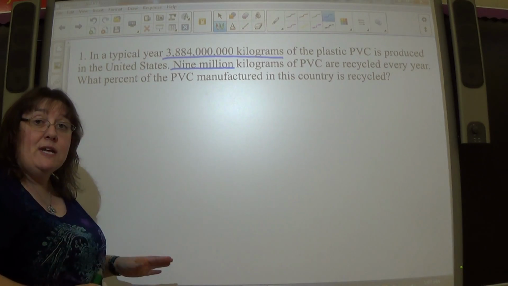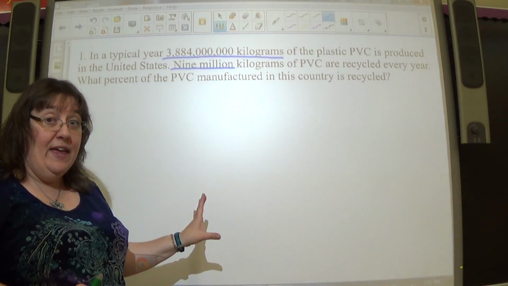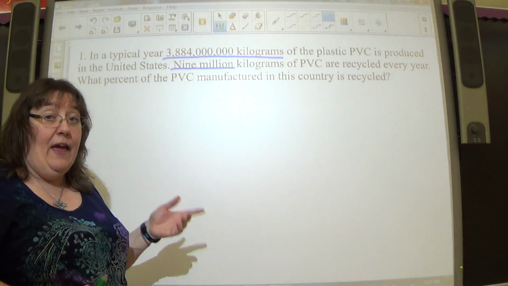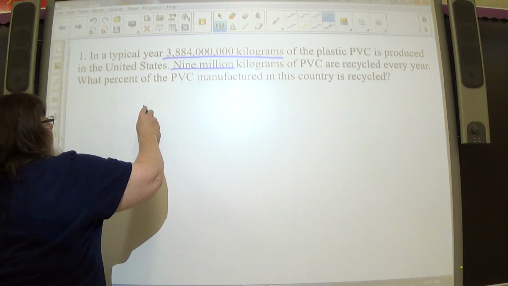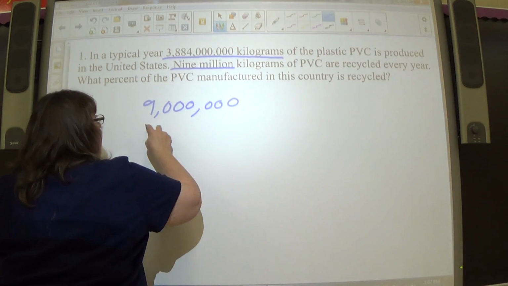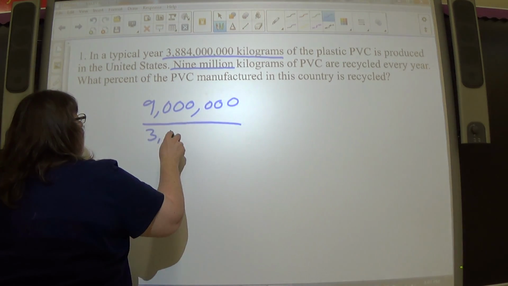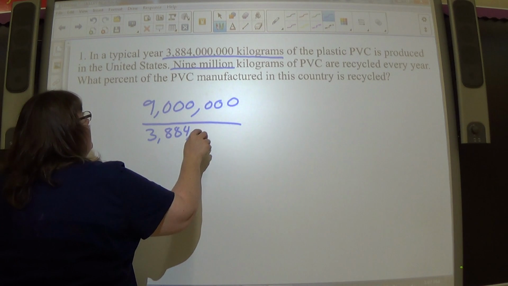So how do you do percent? Smaller number over larger number, divide, then multiply by 100. And that'll give you the percent you need, okay? So I'm looking at 9 million over 3,884,000,000.